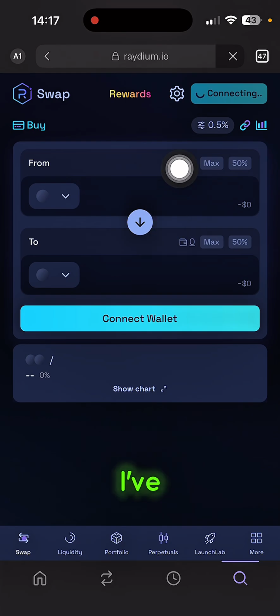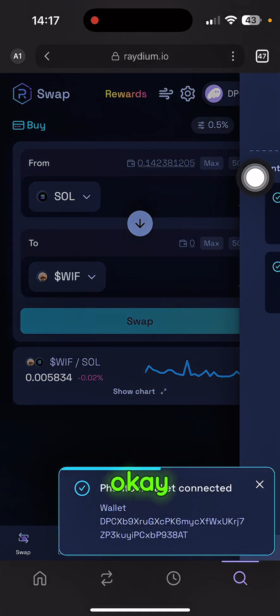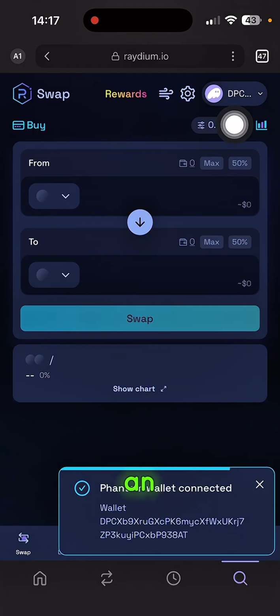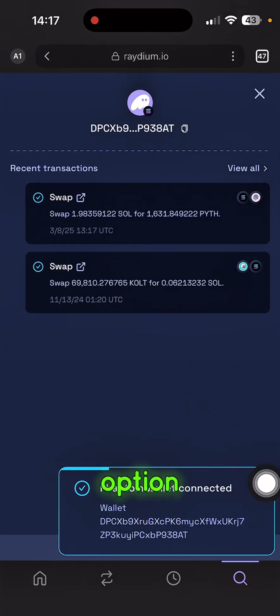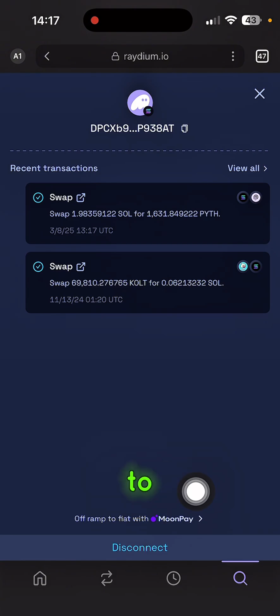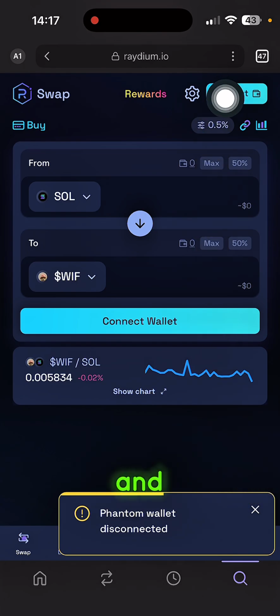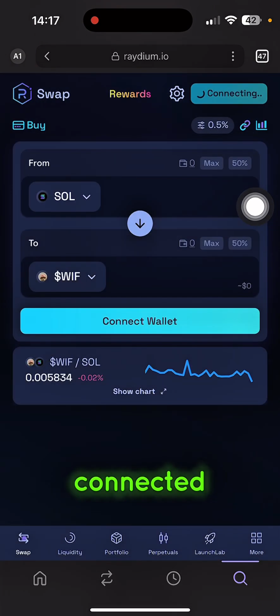Once I've searched for Raydium, I will need to now connect my wallet. By default, if your wallet is not connected, you probably have an option to connect. Mine is connected, that's the more reason I do not have an option to connect. If I disconnect it, you get to realize that I will have an option to connect back. So right now I have disconnected. Let me connect it back simply by clicking on that connect. And there you go. I should now select Phantom and it should be able to get connected.